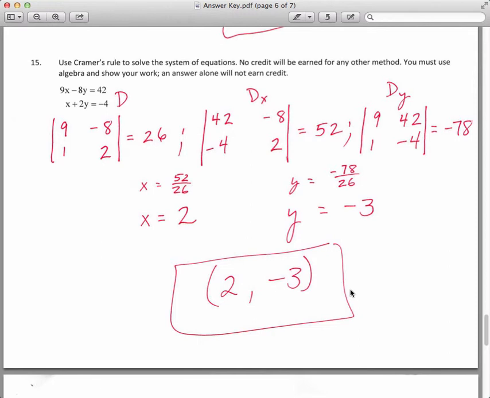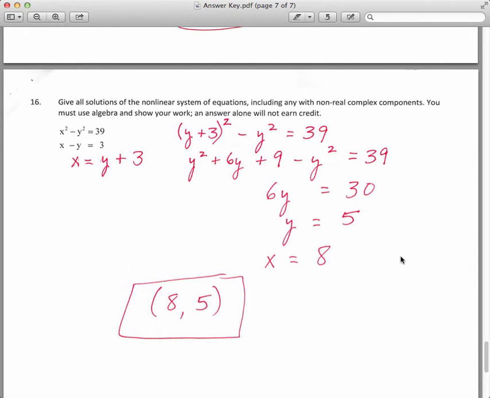So hopefully this is self-explanatory. Just calculate those determinants, just a little multiplying and subtracting, and then x is equal to D sub x divided by D, and y is equal to D sub y, which is negative 78 here, divided by D. So negative 78 divided by 26 is negative 3.